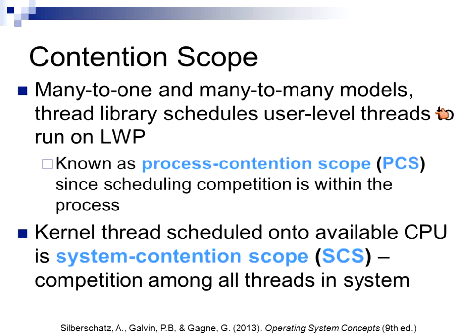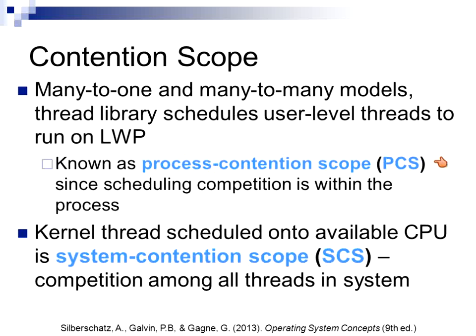Okay, not actually scheduling them on the CPU, but scheduling them on the lightweight process. And this is known as process contention scope. In other words, the thread library is looking at the threads within a single process and saying which thread in this process should be scheduled.